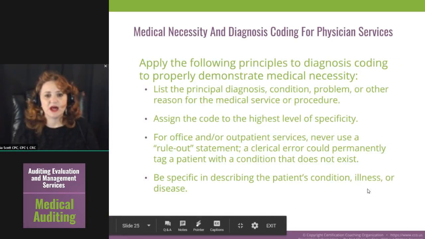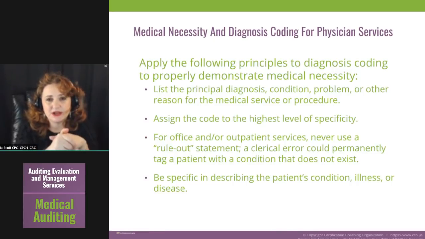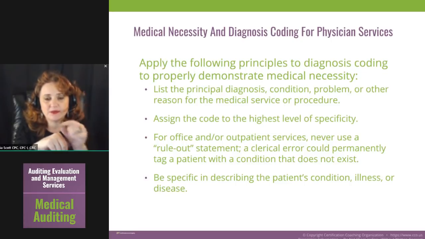We're going to apply the following principles whenever we're trying to look at medical necessity. And like I said, this is this gray area that we have. What is the principal diagnosis? Let's say our principal diagnosis is a BKA, traumatic BKA. What's the condition? The patient is 8 months out and they're going to start looking at prosthetics. What's the problem? The problem is this patient's diabetic.